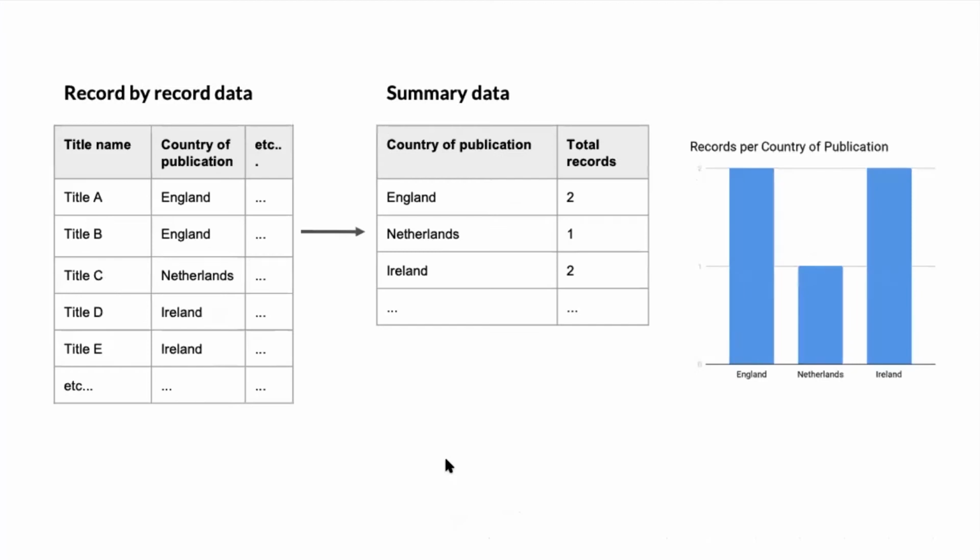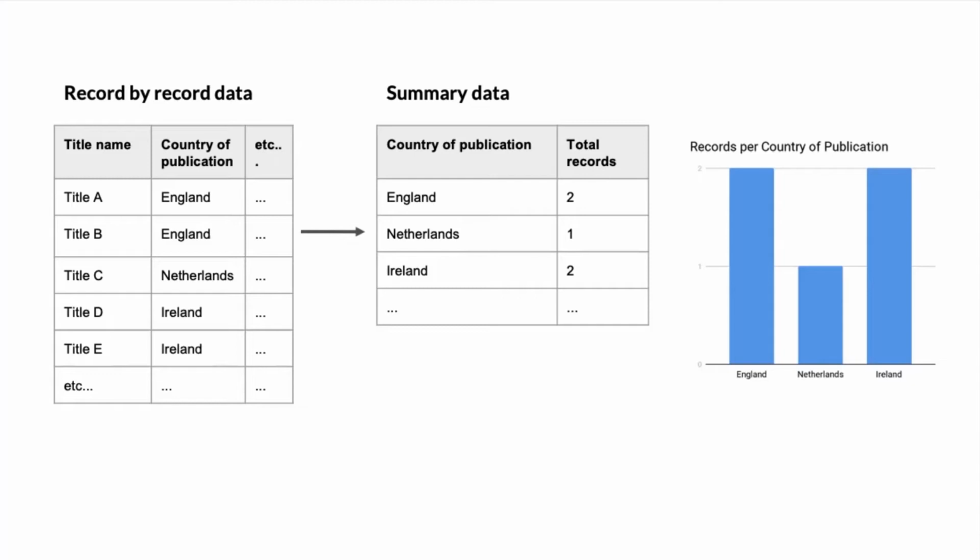And this is a really, really common step that you'll need to do even if creating very simple graphs or charts. So as I said, record by record data is really, really common in cultural heritage data. And so just to, for example, create a bar chart like this, where we're looking at the number of records per country of publication, you need to take your record by record data and create a summary table.